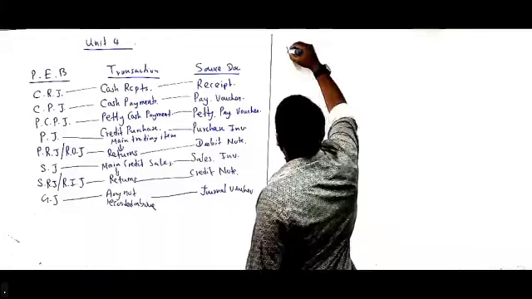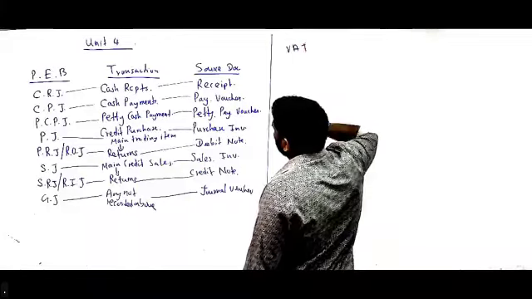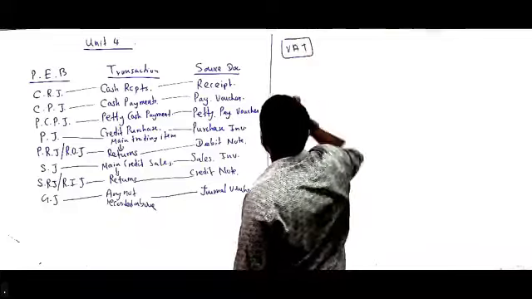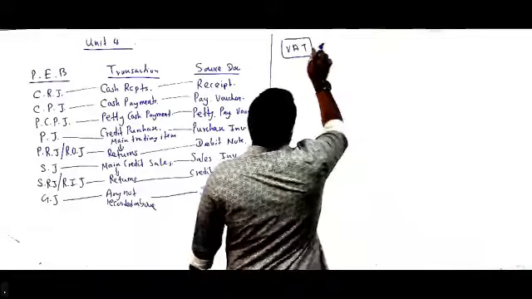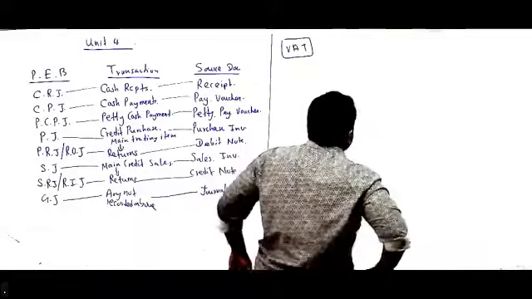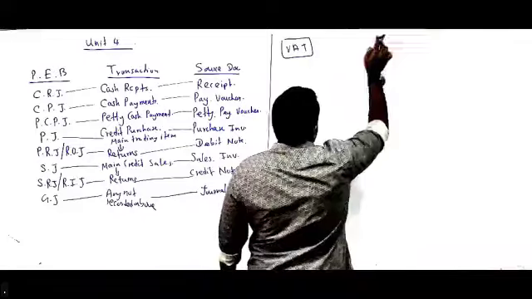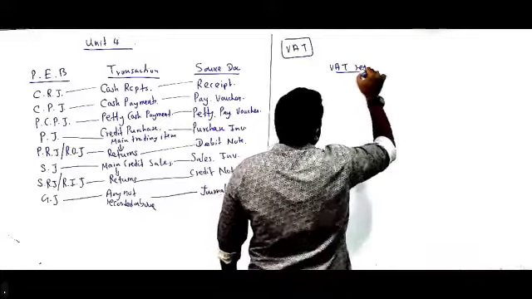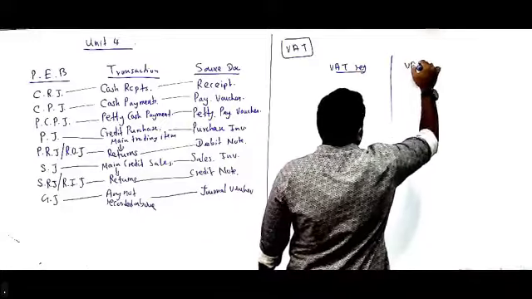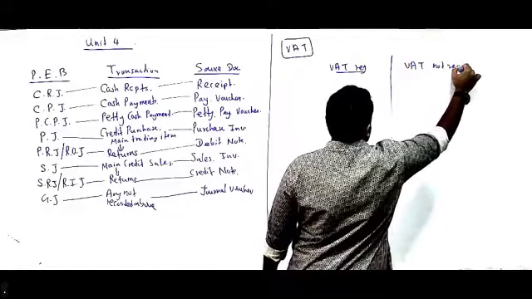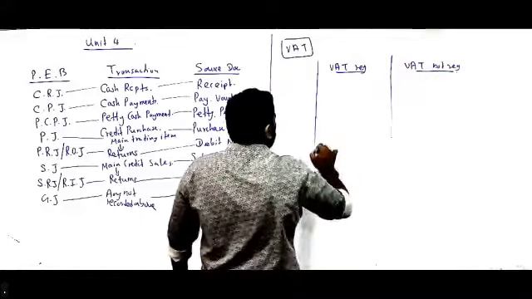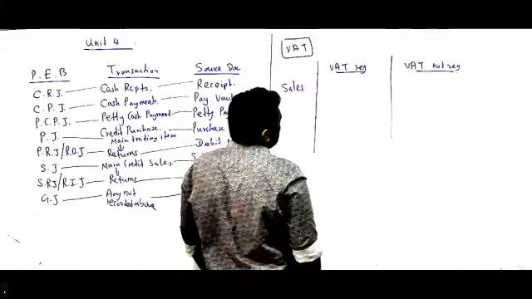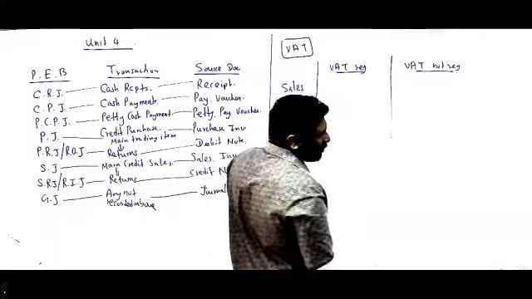Next is something super important, people. You should know about the VAT. We studied that there are two types of businesses: VAT registered businesses and VAT not registered businesses. So when it comes to sales, what should VAT registered businesses do?